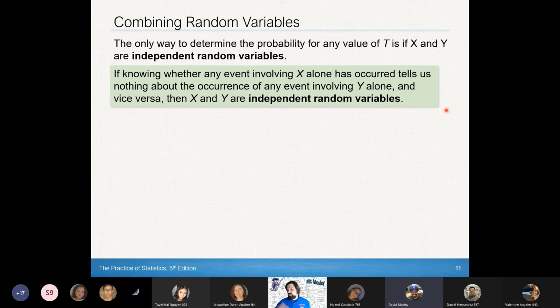So it's basically the definition of independence we've heard previously. If knowing a certain outcome occurred affects the probability of another outcome, then they're not independent. We want these to be independent in order to calculate probabilities.